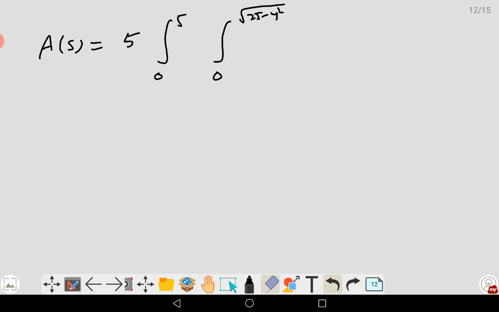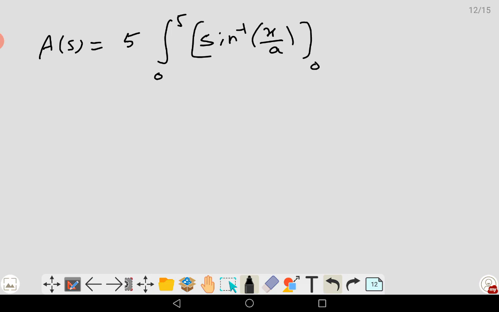Integration is done. The answer we want, we have to replace the theta, so it is sin inverse x over a, from 0 to square root of 25 minus y square over 2, dy.